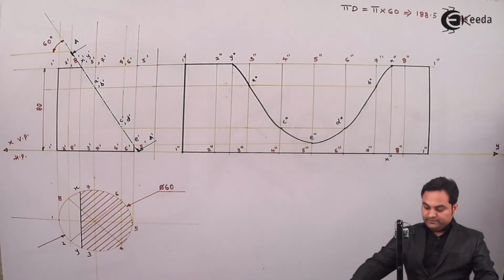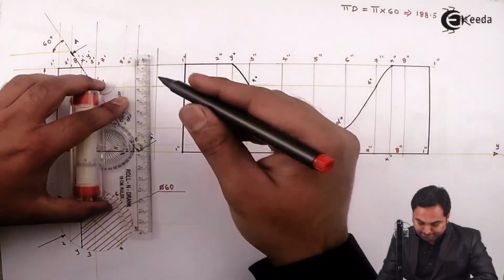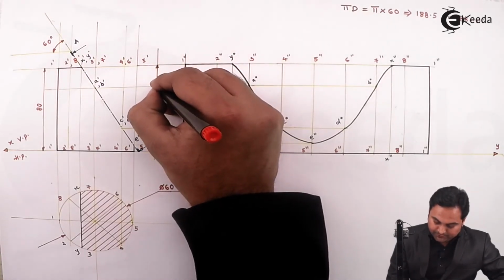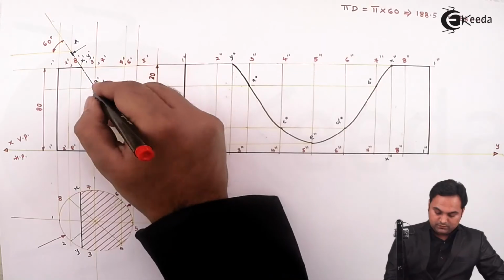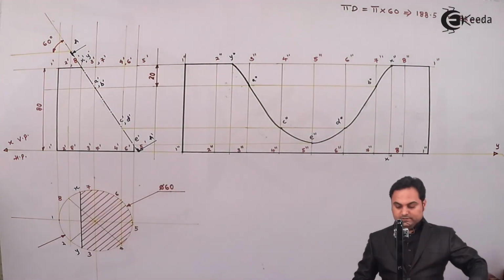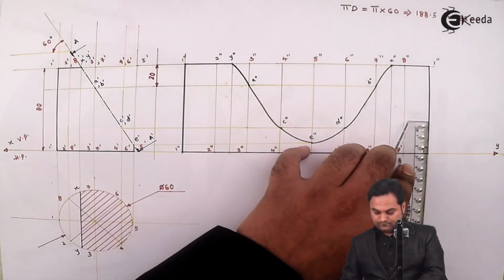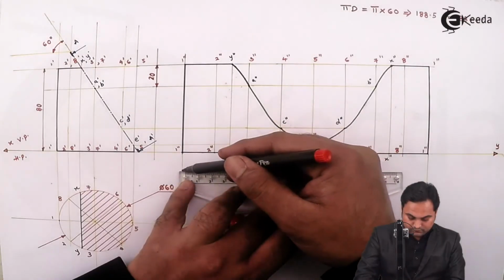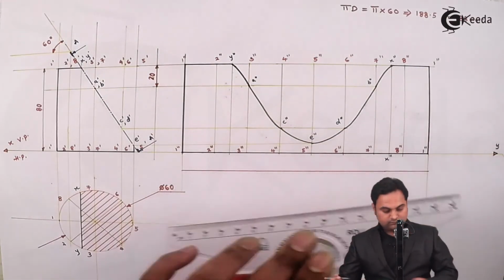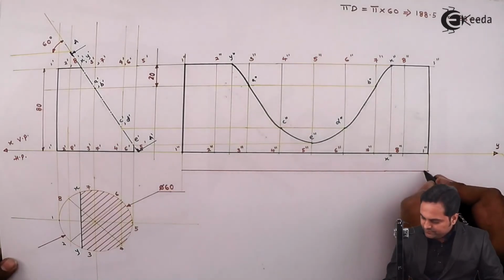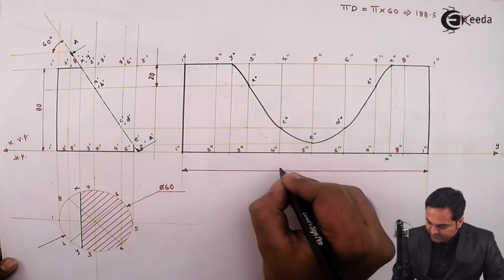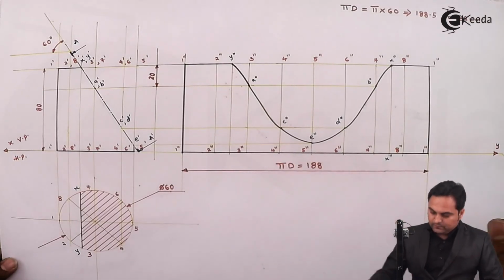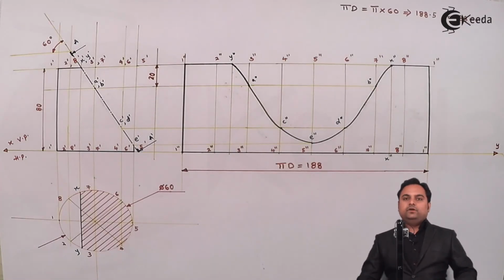Then the intersection point was at a distance of 20 mm from the top end. At last, the circumference. So here I am giving the dimension to the circumference, which is pi d, and that is equal to 188. And with all this, we complete the problem.